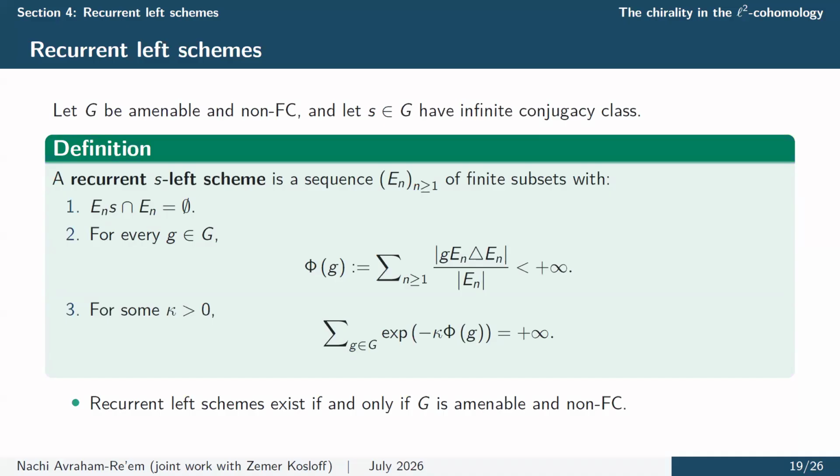If the group is FC, this is never possible. It's like the abelian case, where left and right are essentially the same from this point of view. But as long as the group is not an FC group, we can get this kind of asymmetry between the left and right behavior of the group.